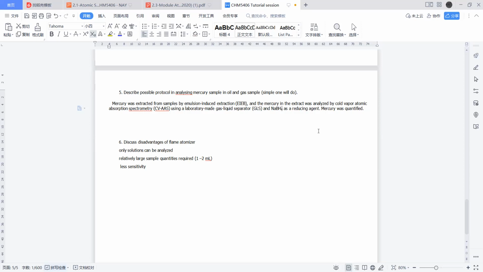So we have to think about it. And why are we using cold vapor AAS? Because of the volatility of the organic mercury. This is a real issue in Malaysia. That's why I brought up this issue, to analyze mercury in the oil and gas industry.